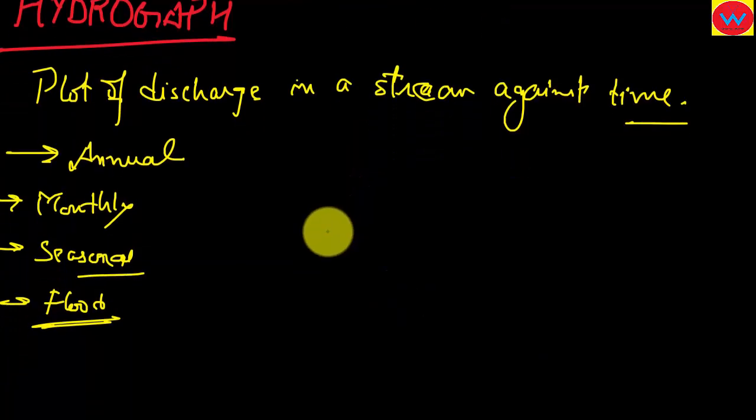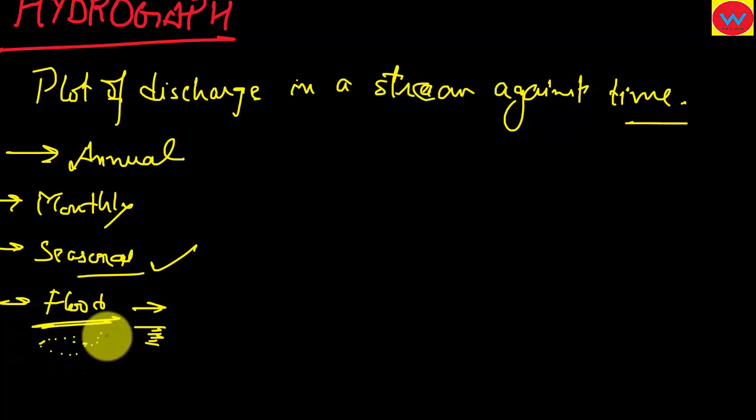Annual hydrograph shows variation of daily, weekly, or 10-day mean flows over a year. Monthly hydrograph shows variation of daily mean flow over a month. Seasonal hydrograph shows variation of discharge in a particular season, such as monsoon. Flood hydrograph is representative of a storm over the catchment. So if there is any storm, then we can plot a flood hydrograph for that given storm.